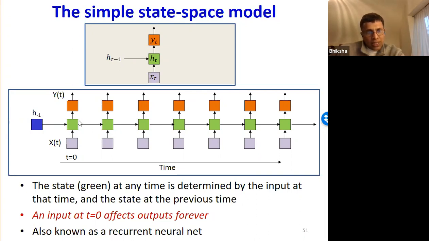So for the first time instant, of course, we don't have a previous time. So this h minus 1 has to be defined somehow. This must be initialized. But once you do this, this recurrence is fairly straightforward. And again, you can follow the arrows and you can see that an input at time 0 is going to continue to influence the output at every time in the future. So this is an infinite response system.